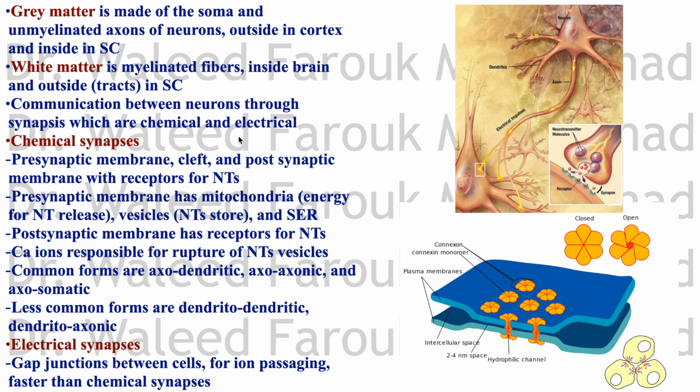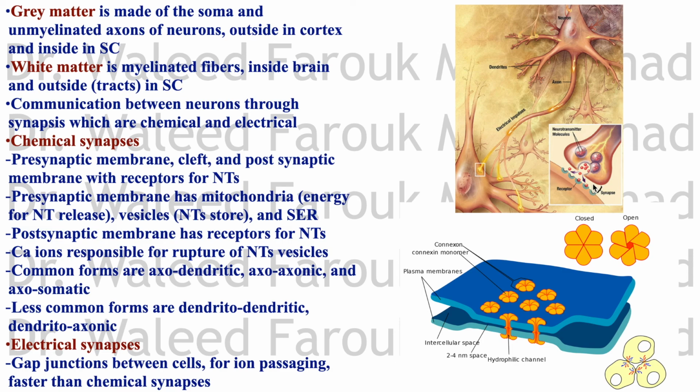They form communication between neurons through synapses, which are either chemical or electrical. This is a chemical synapse, as you can see here, and this is an electrical synapse. Now, the chemical synapses have a presynaptic membrane. See that?